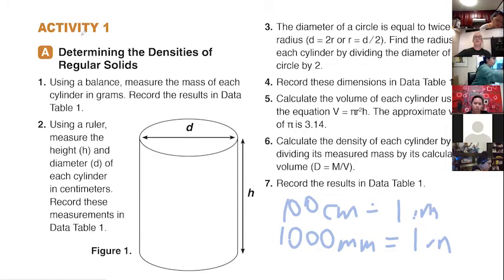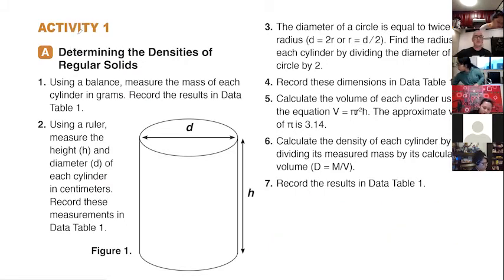Since we're going to be using cubic centimeters, you have to make sure that when you measure the height and diameter of these things, you use centimeters. It's real easy to use millimeters because they're right there.